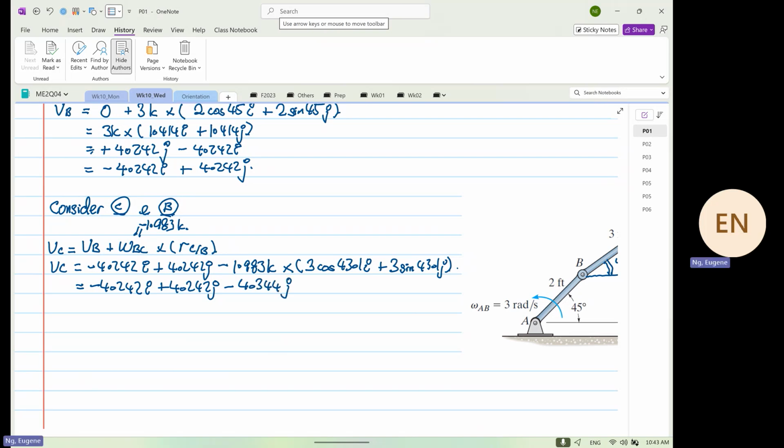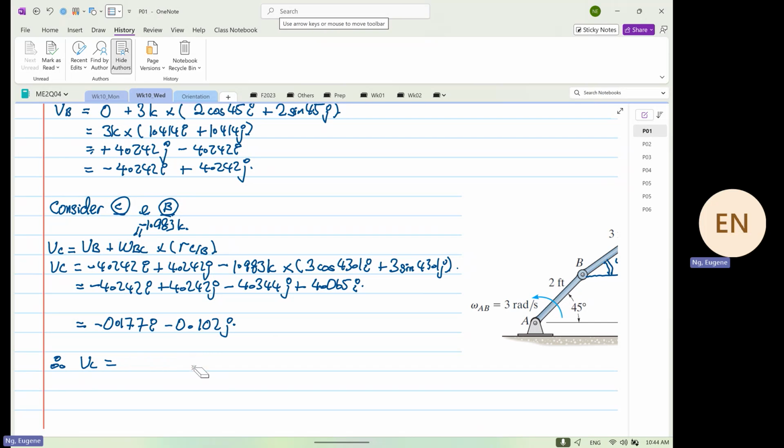K cross I is equal to J. Now K cross J is negative, and we have a negative, so it must be positive: 1.983 times 3 times sine 43.1 is equal to 4.065 I. So finally we have minus 4.242 plus 4.065, which is minus 0.177 I, plus 4.242 minus 4.344, which is minus 0.102 J.